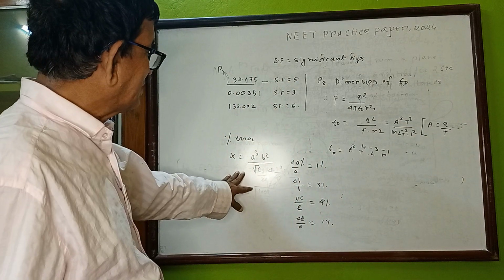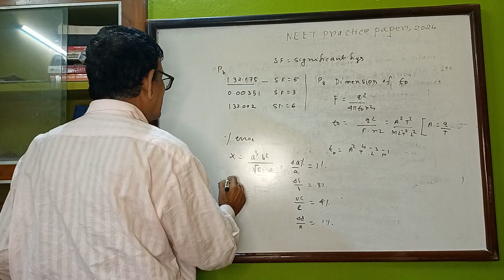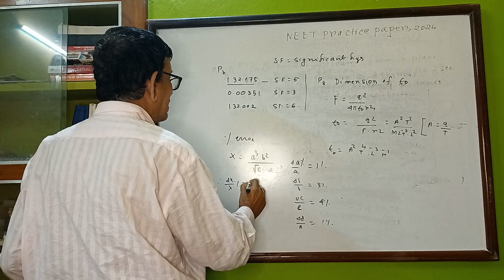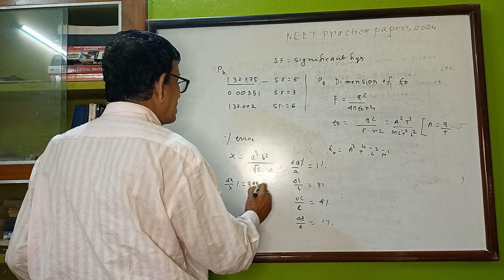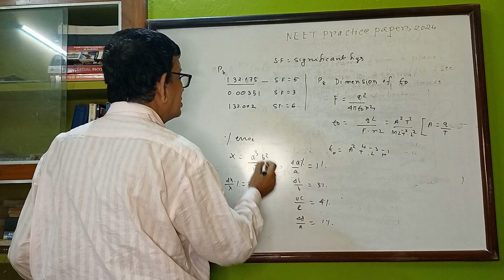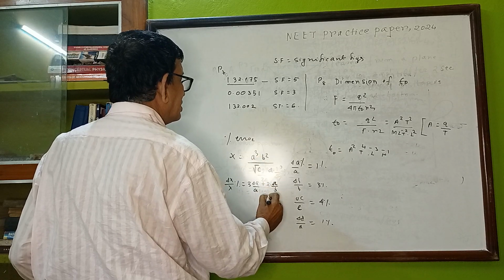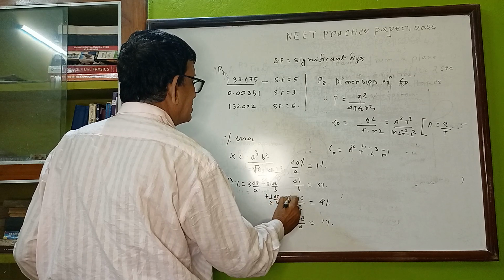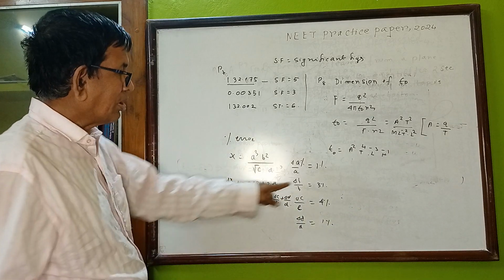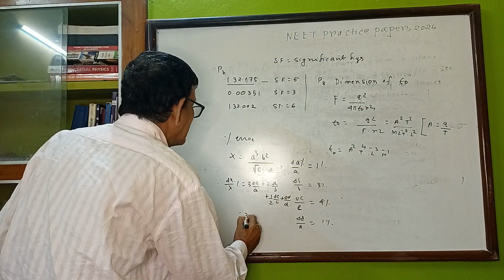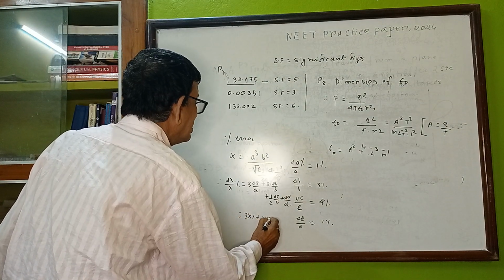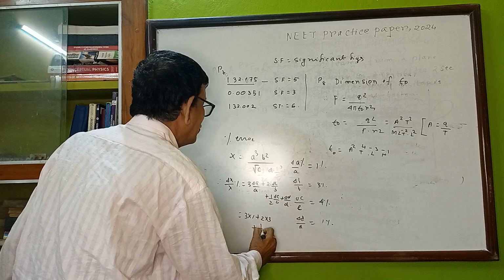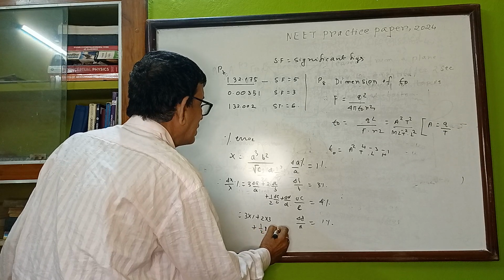So if it is given like this, first you calculate the percentage of x, delta x by x percentage. Only the power you take: 3 delta a by a, 2 delta b by b, then half delta c by c plus delta d by d. Clear? You put all: 3 into 1, 2 into 3, plus half into 4 into 1.